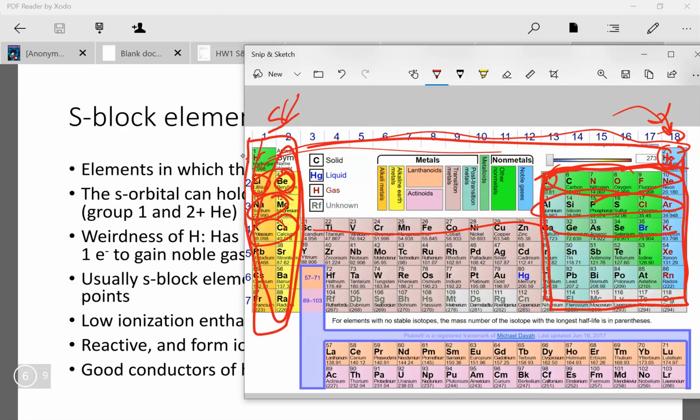Here, the p block, the last electron goes in a p orbital. Here's your d block, last electron goes in a d orbital. And this is your f block, last electron goes in an f orbital. And we kind of see that by the numbers. We know p blocks have 6 electrons, so this will be p1, p2, p3, p4, p5, p6, right? We know d has 10. This will be d1, d2, d3, d4, d5, d6, d7, d8, d9, d10.